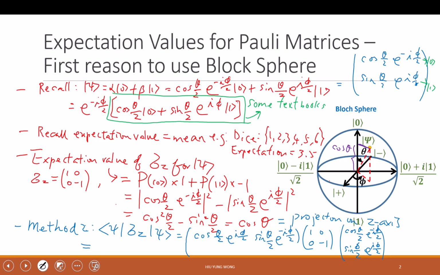And this gives you cosine theta. Of course, you should get the same result. This is just more mechanical, right? You plug in. And here is more intuitive, classically, how you find the expectation value. So in this slide, we probably will guess the expectation value of a certain Pauli vector is the projection of the state onto that axis. Any questions?